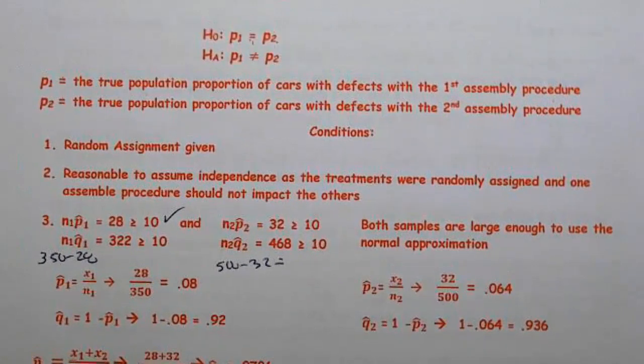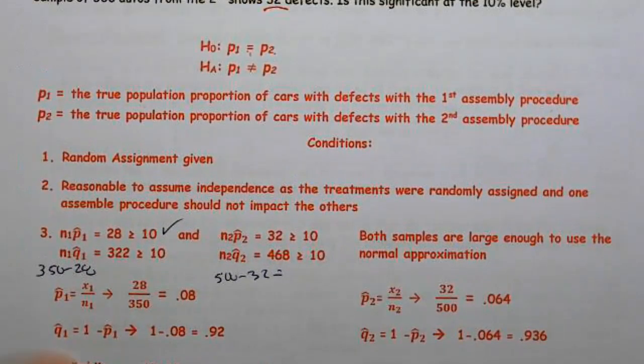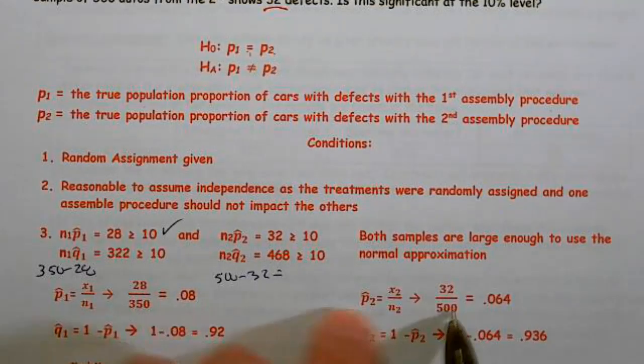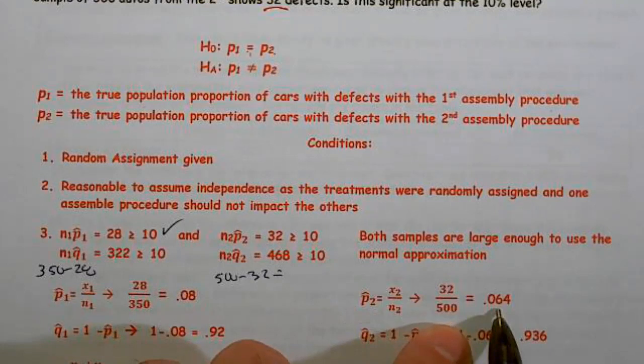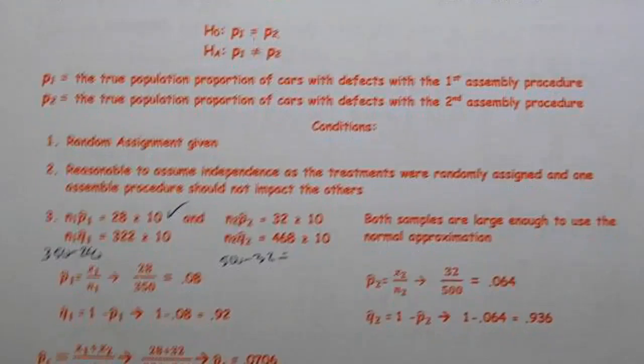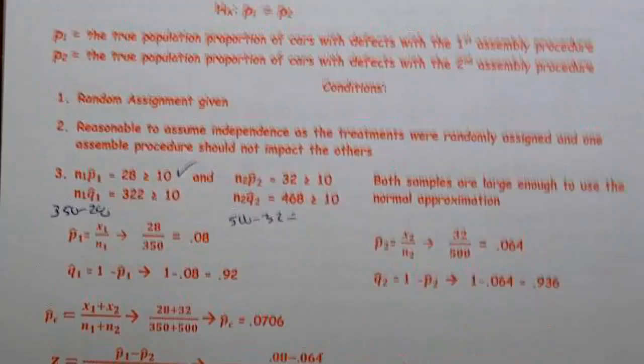All right, so P hat 1, 28 over 350 is 0.08. P hat 2, 32 over 500 is 0.064. Then we need to do our P combined, or our P pooled, if you prefer.